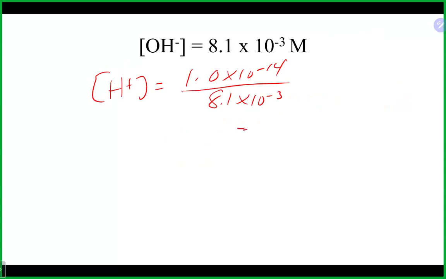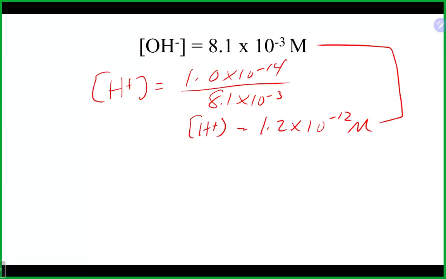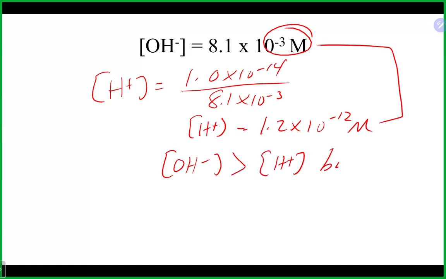Popping that into your calculator using your exponent button. Looks like a 1.2 to the minus 12 in this case. And again, that is the H plus concentration. So comparing those two here, the OH minus is larger than the H plus. And that would make the solution basic.